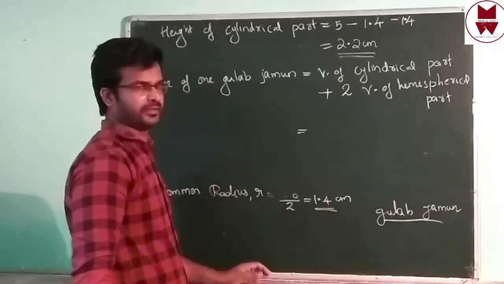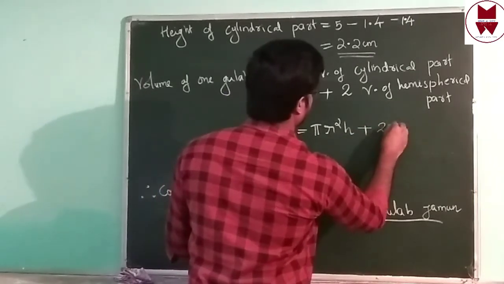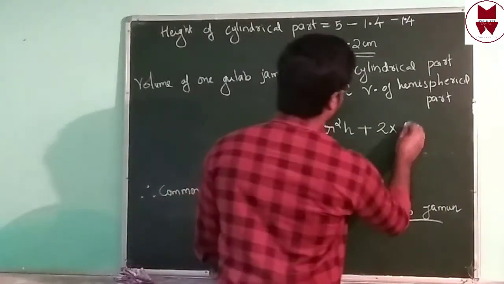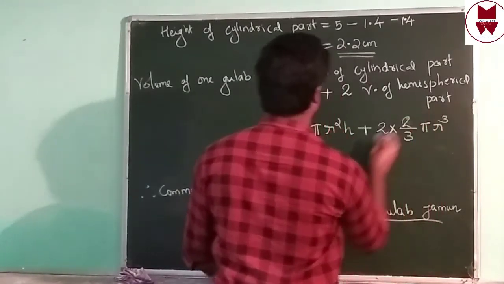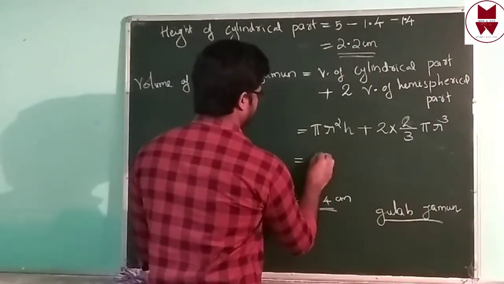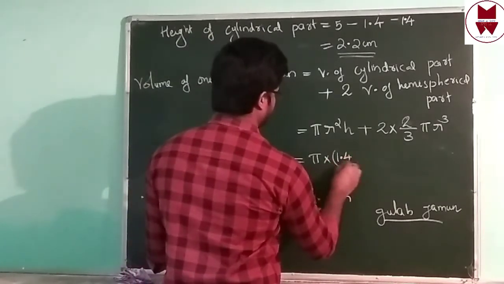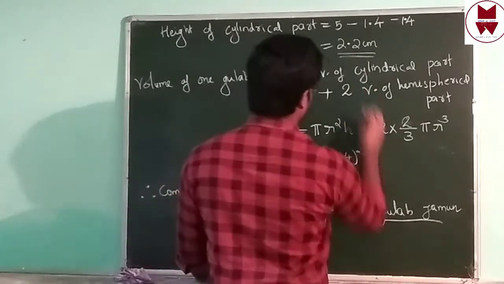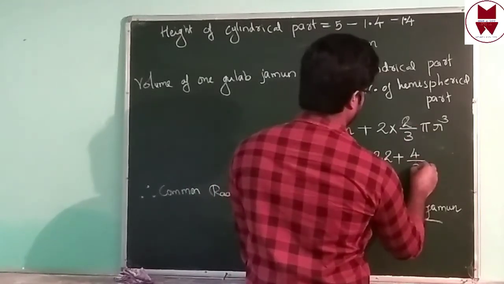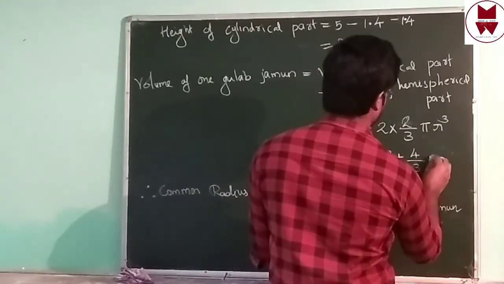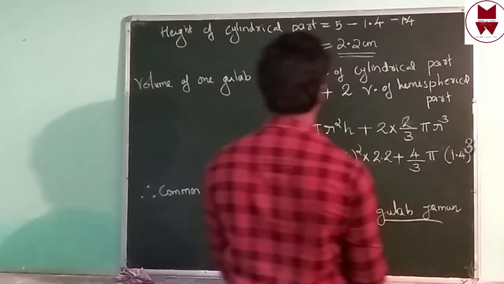What is the volume of a cylinder? Pi r square h, plus 2 into the volume of a hemisphere, which is 2 by 3 pi r cube. Then pi into r square, r means 1.4, whole square, into h, 2.2, plus 2 into 2, you can write 4 by 3, then pi into 1.4 whole cube.